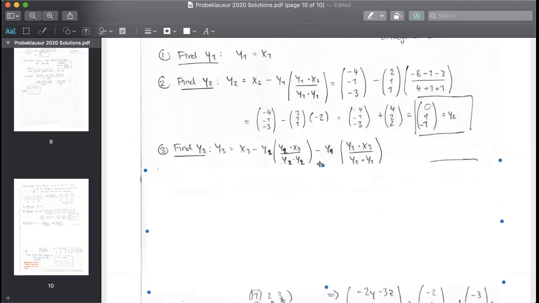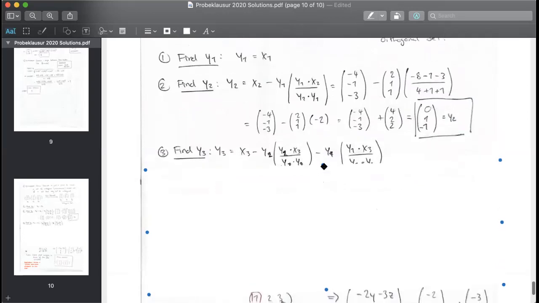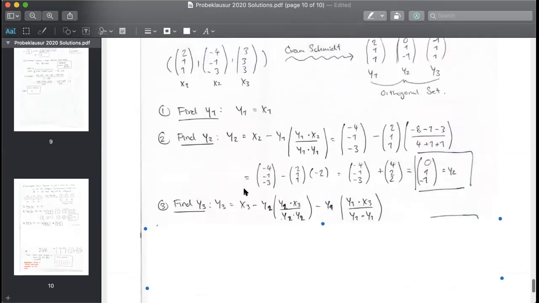So you found your y2, now you just have to find your y3. For y3, you start with x3, and then you rotate it out of y2 and y1. So x3 rotated out of y2 and rotated out of y1.